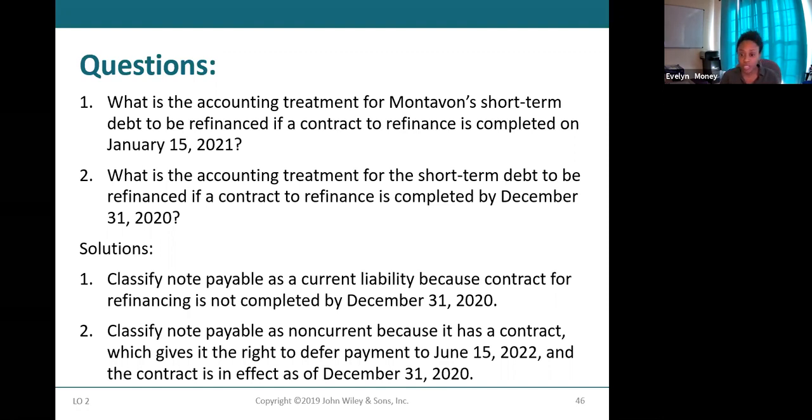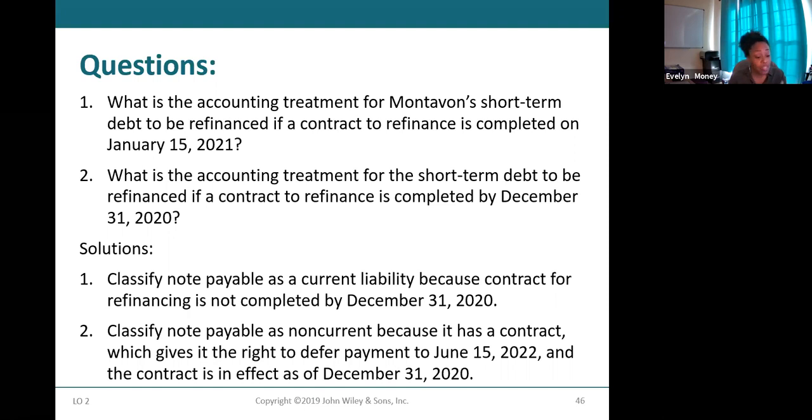So if we can reduce our current liabilities by refinancing something and making it into a long-term liability, yes, that changes my solvency position, in other words, my ability to meet my long-term obligations, in a negative way, but it also changes my liquidity position in a positive way if I'm able to refinance.